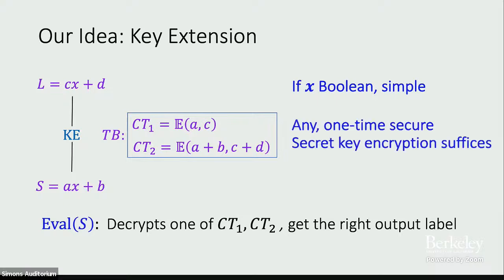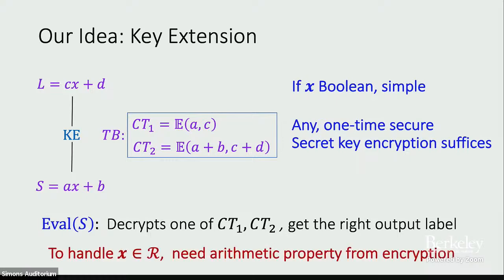And this is very simple. Basically, I don't even need that much crypto. I just need a one-time secure secret key encryption scheme, right? It's one-time secure because the labels are only used once.